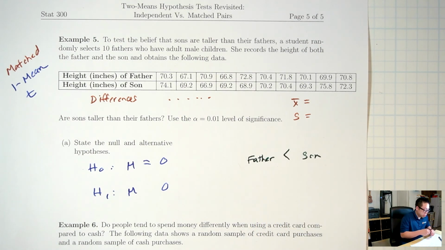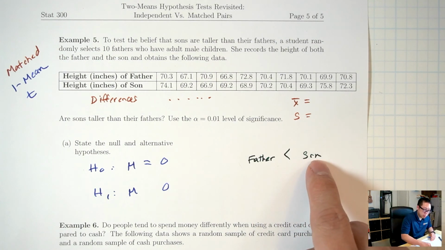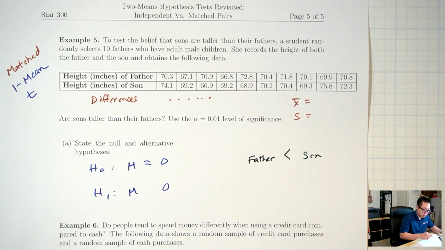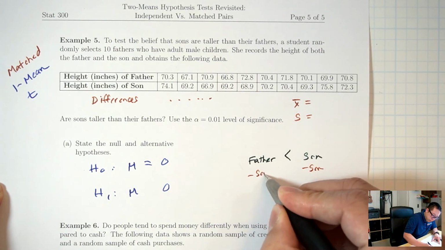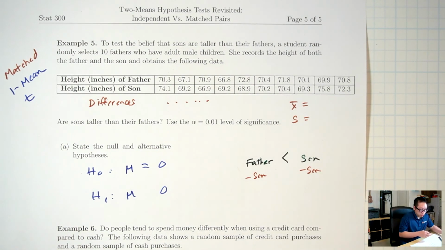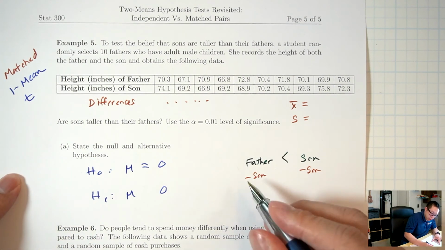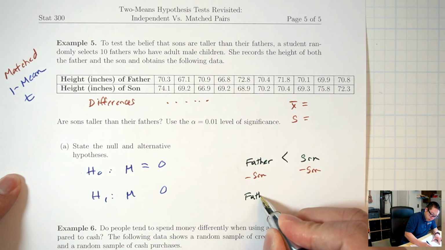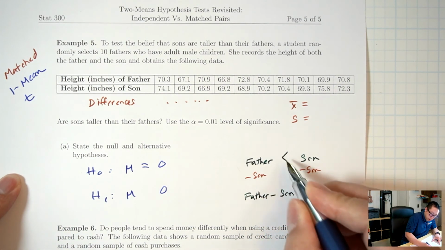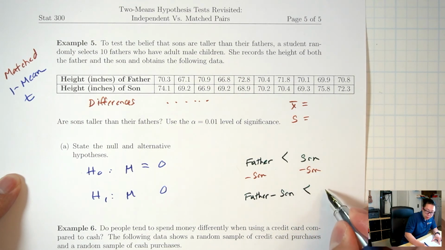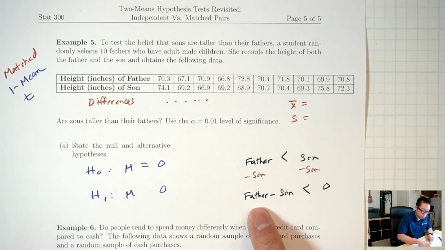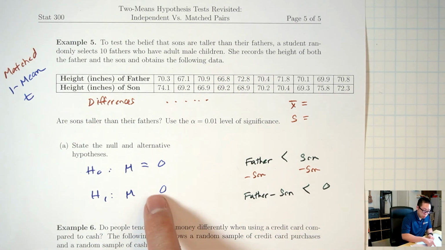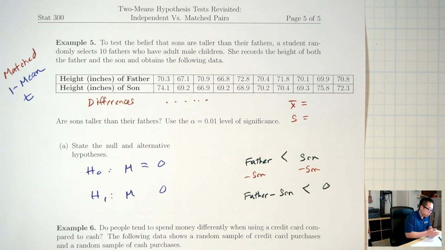And then what you're actually doing is you're moving the son to the left side, so you're subtracting son. To get father minus son is less than, and son minus son is 0. Father minus son is exactly the differences that we're computing. So this is really less than 0, which is why this is going to be less than 0.